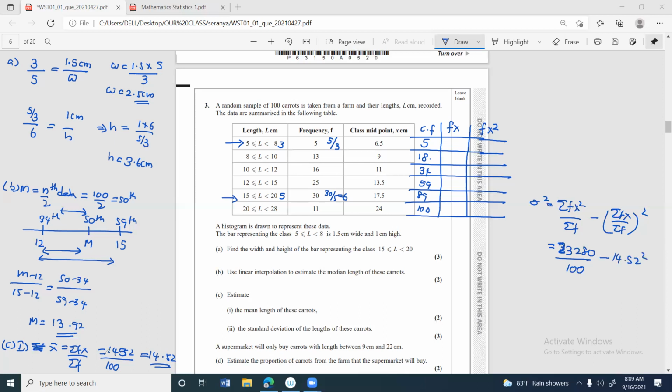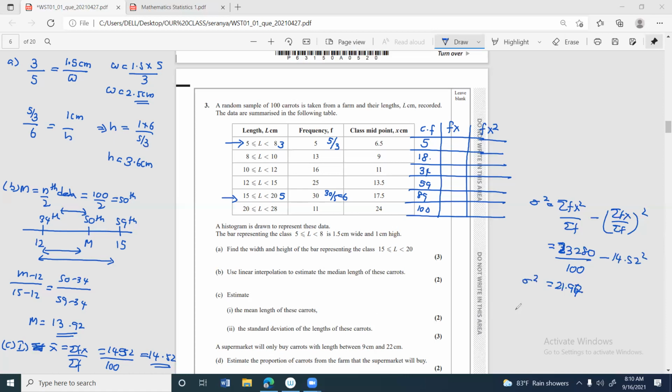Either value doesn't make a difference. That turns out to be 21.97. 21.97 is sigma squared.